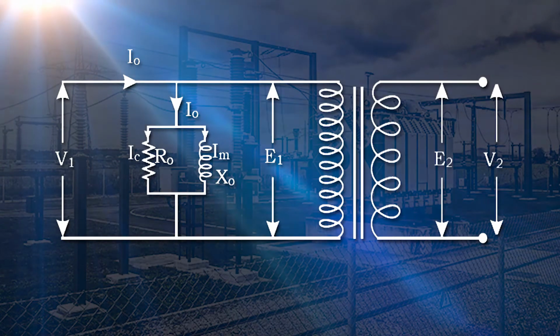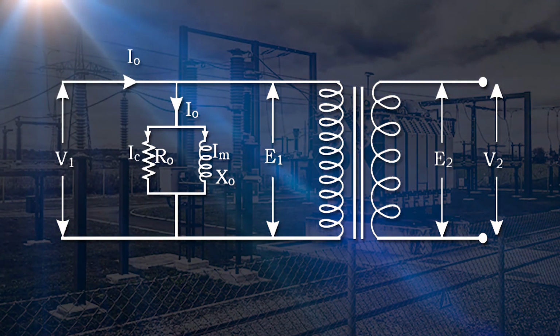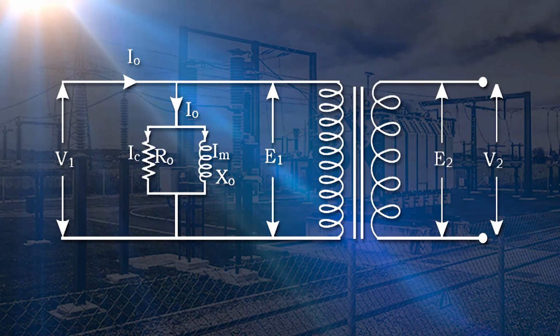Because the EMF induced on the secondary side is directly proportional to the rate of change of flux on the secondary side, and the flux is 0, there will be no EMF induced on the secondary side if the secondary winding is open.